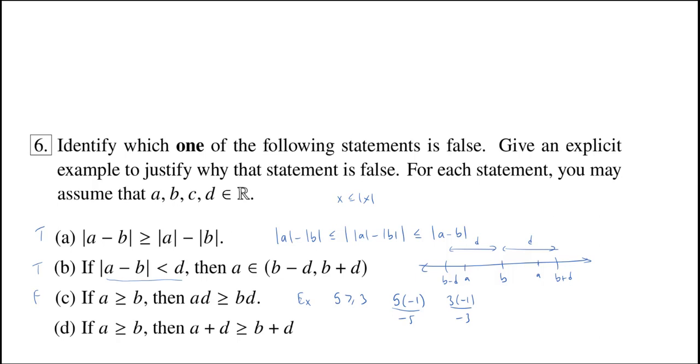But -3 is actually greater than -5. So the inequality has reversed direction. So C is false. D looks like the same thing. If a is at least b, then adding d to both sides doesn't change the direction. And that's actually a theorem that we have. So that's a true statement. All right, let's move on to problem number 7.